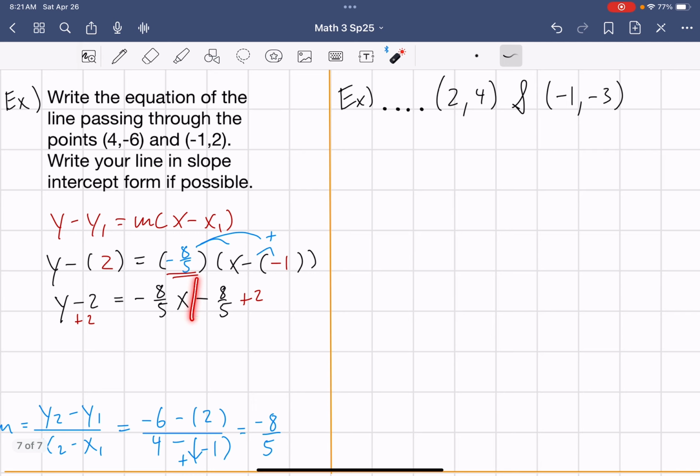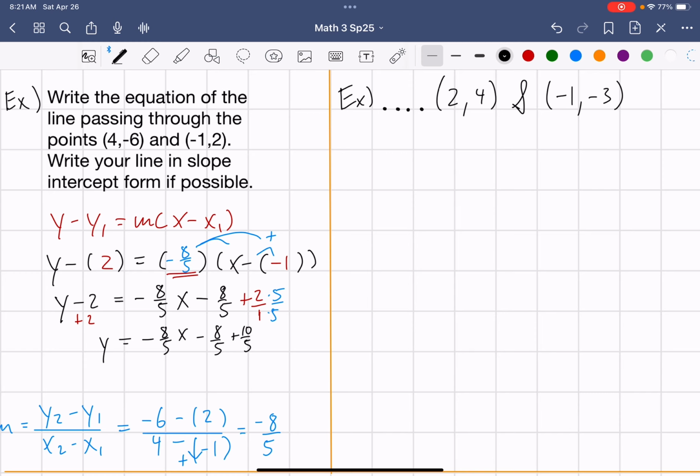But to be able to add them, we need to add fractions, meaning I need the denominators to be the same. So I'm going to multiply by 5 here, because what I'm really multiplying by is 5 divided by 5, which is 1. And anything times 1 is going to be that thing you multiply by. So that's going to leave us with y is equal to -8/5 x minus 8/5 plus 10/5.